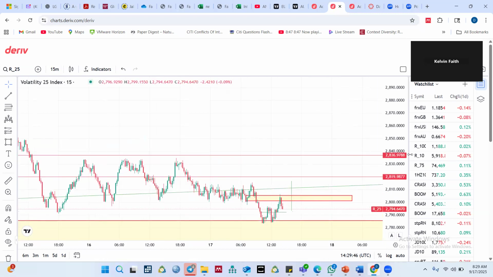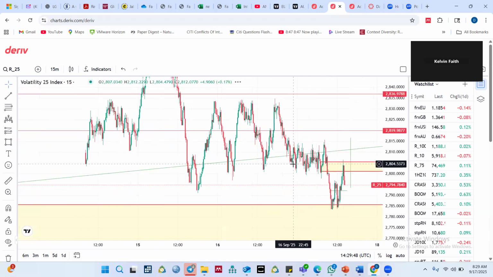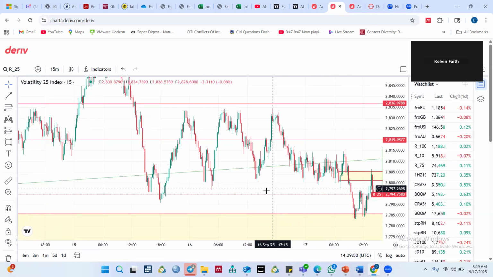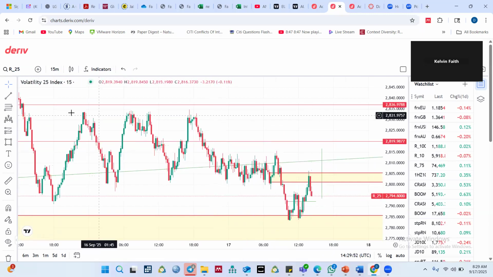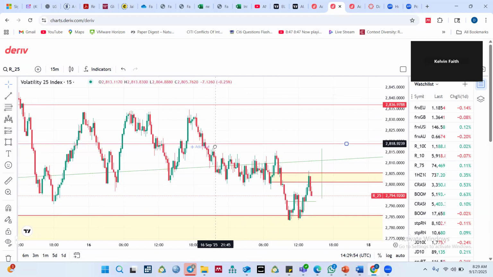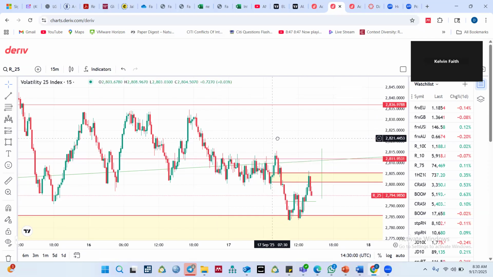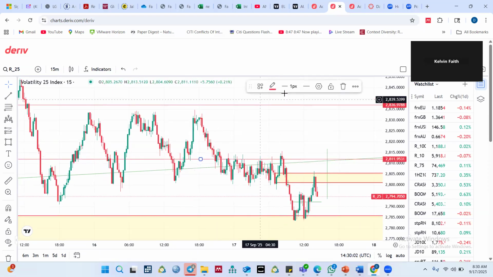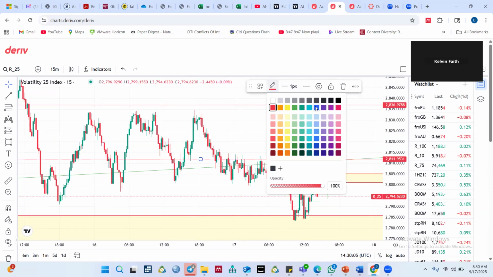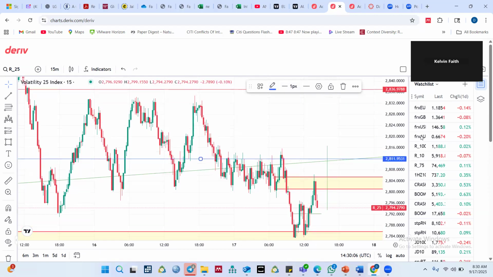The other thing is that on the 15 minutes time frame, we can see that, let me use this red line. Okay, so we can see that, let me make it blue. Good.